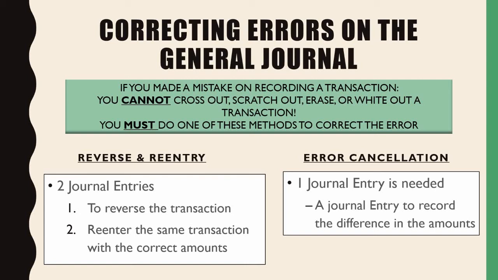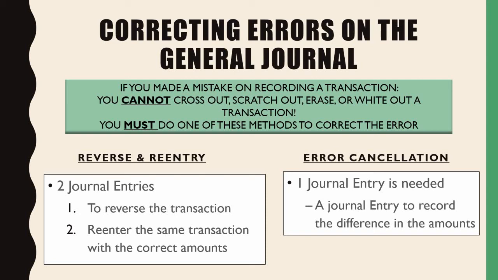This is where you are going to look at your mistake in the journal, and compare and analyze it. How much did you overstate, or how much did you understate? Meaning, what was the error? Did you place it in the wrong account?